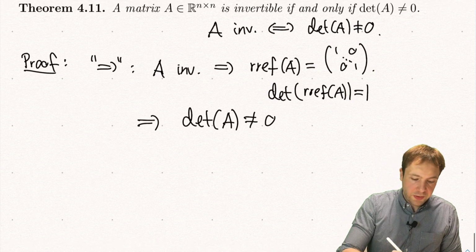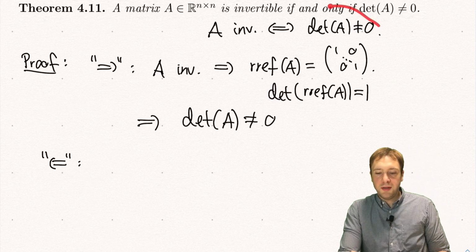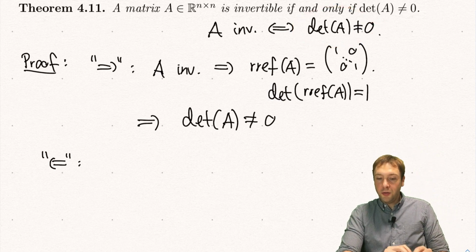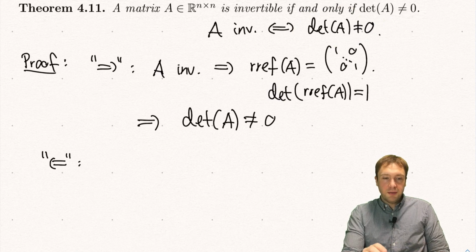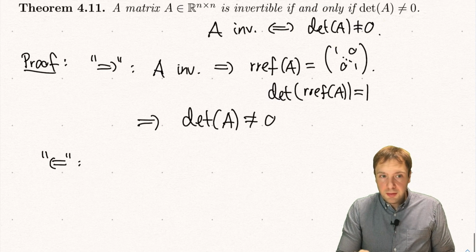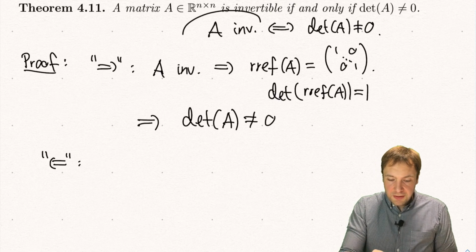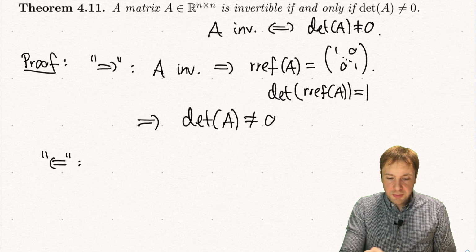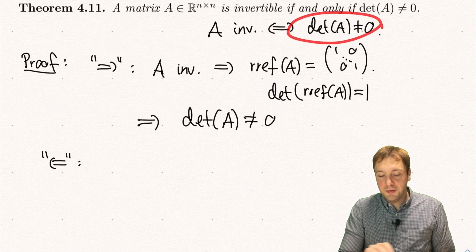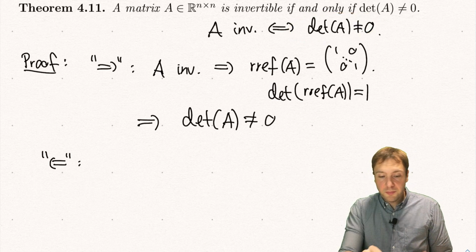And now the other way around. So we want to show that if the determinant is non-zero, then A is also invertible. And so what we show is that if A is not invertible, then this also implies that the determinant has to be 0.